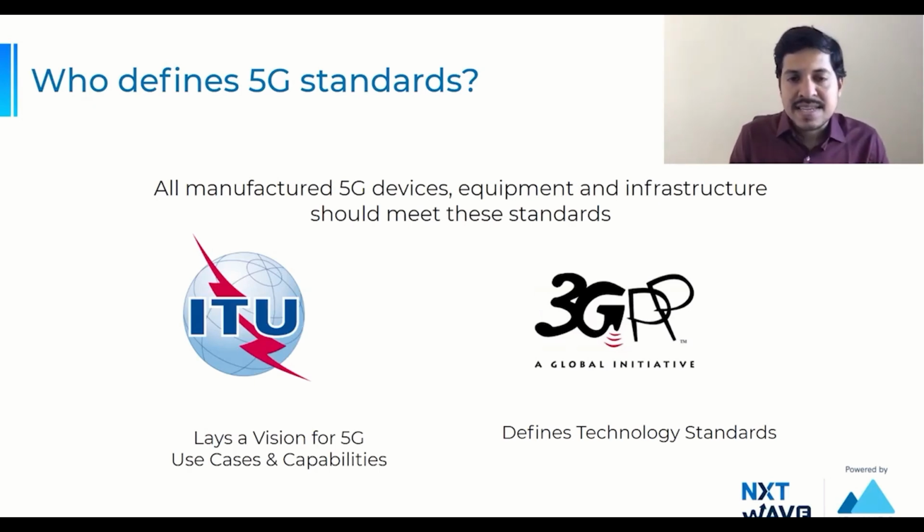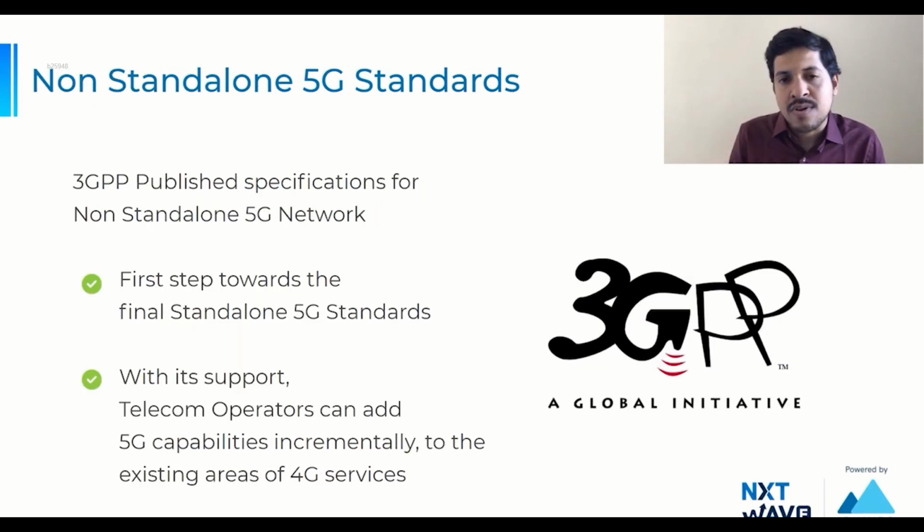And earlier last year, in 2019, 3GPP published specifications of something known as a non-standalone 5G network. So non-standalone or NSA 5G networks were a step towards the eventual standalone 5G networks, which allowed telecom operators to incrementally add 5G capability to areas of their existing 4G service.